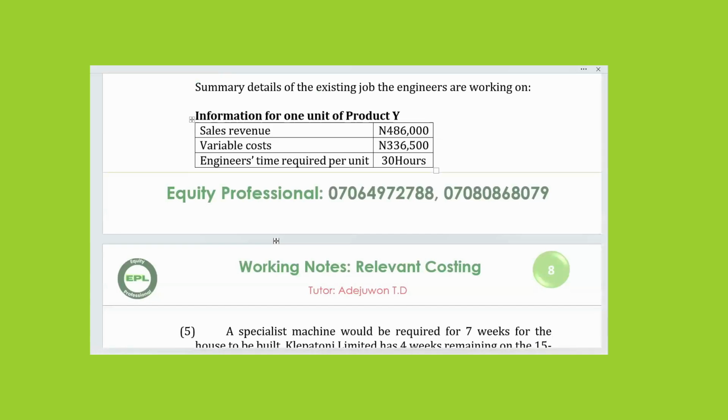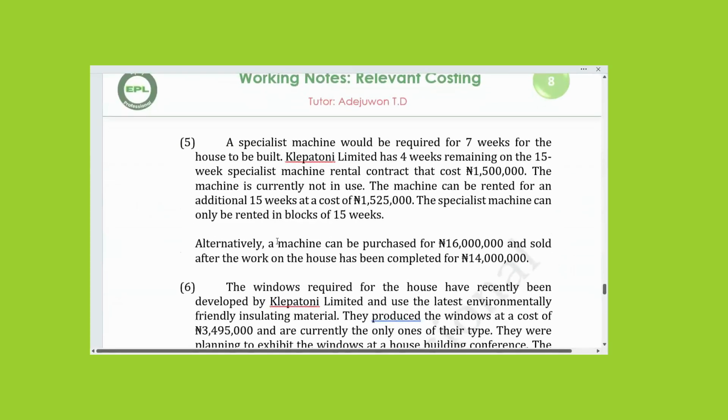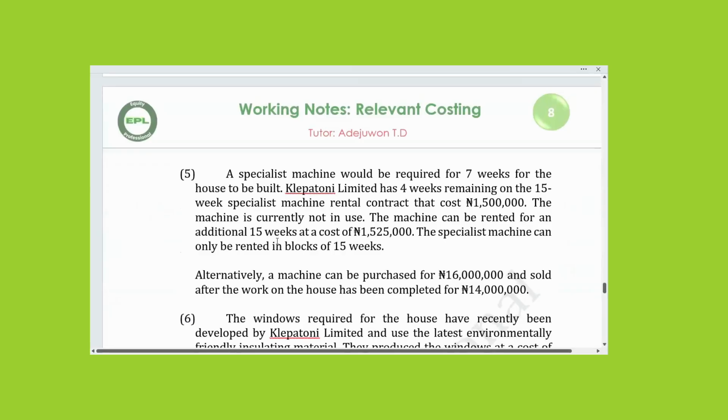5. A specialist machine would be required for 7 weeks for the house to be built. Clepatoni Limited has 4 weeks remaining on the 15-week specialist machine rental contract that cost 1.5 M. The machine is currently not in use. The machine can be rented for an additional 15 weeks at a cost of 1,525,000.